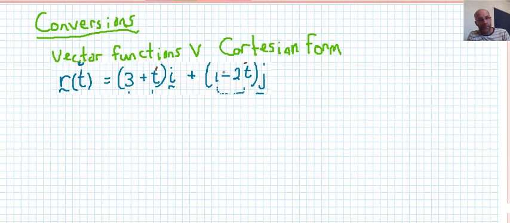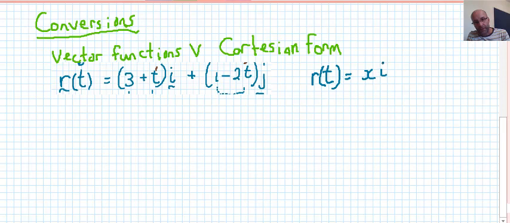So conversions between vector functions or vector valued functions and Cartesian forms, we're looking at that same example. I've written it down again, and remember, we're in 2 dimensions. In general, we're looking at r of t is xi plus yj, and the x and y are the Cartesian links.